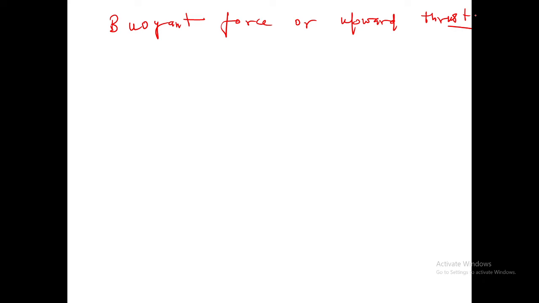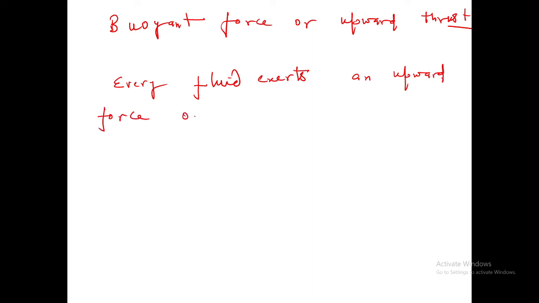Every fluid exerts an upward force on a body immersed in it. This upward force is called buoyant force or buoyancy. So every fluid exerts an upward force on a body immersed in it.